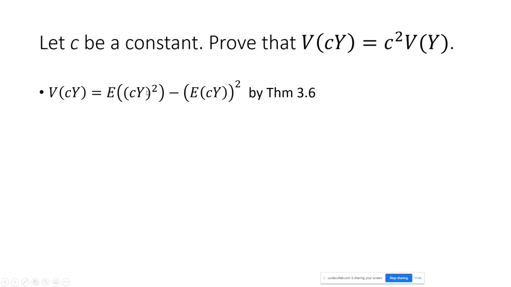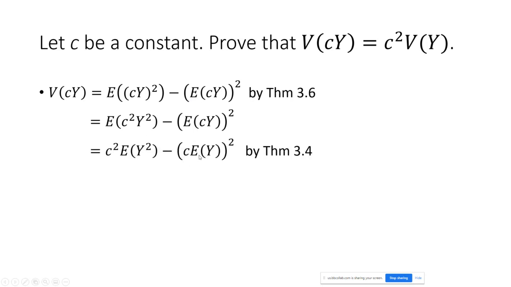Yeah, we can apply the square to both of the things inside of the parentheses, pull out the C. And we can use theorem 3.4 to pull out that constant from the expected value in the parentheses of the second term. So here we've applied the square. Here we've used theorem 3.4 to pull the C outside of the expected value in the second term and pull the C squared out of the expected value in the first term.